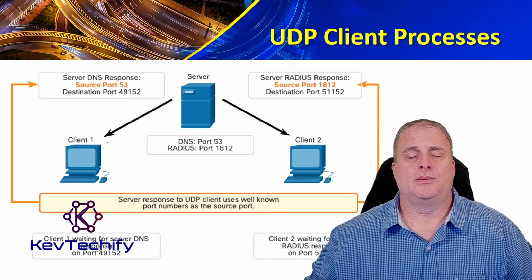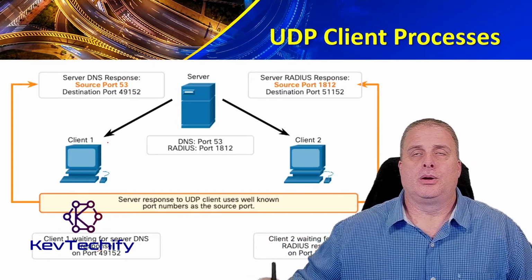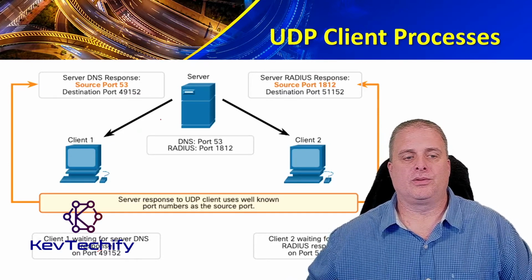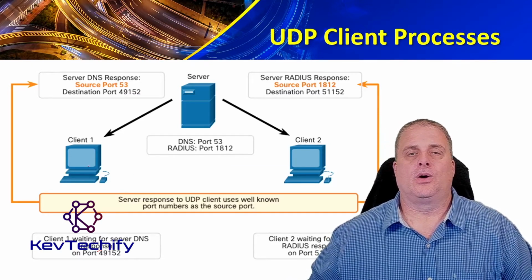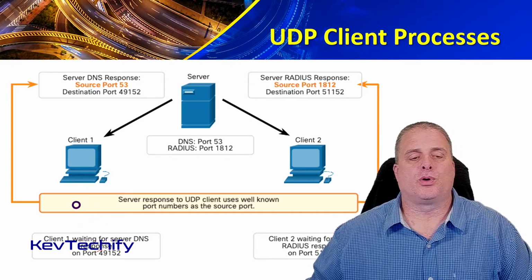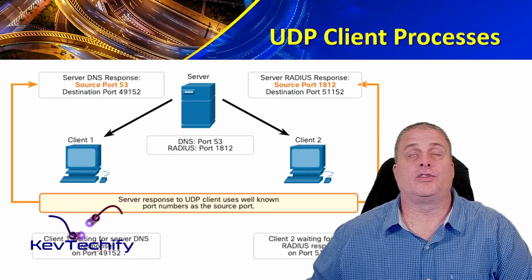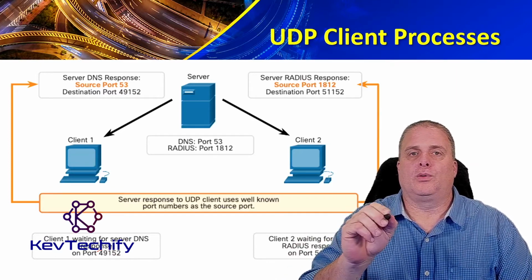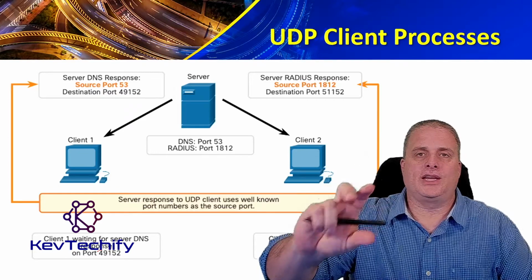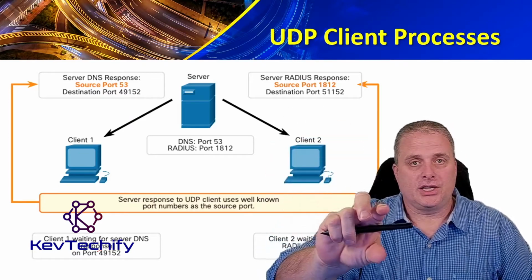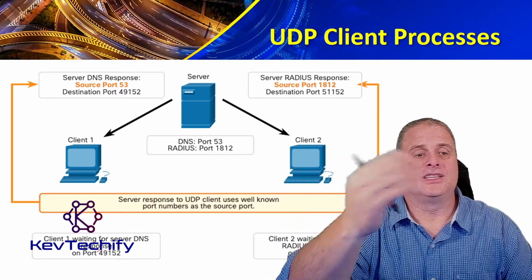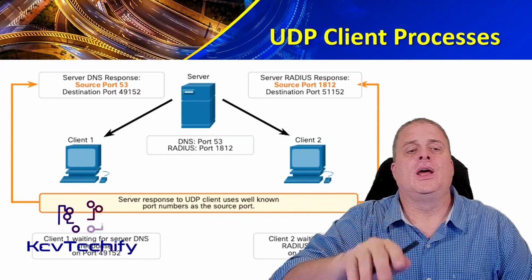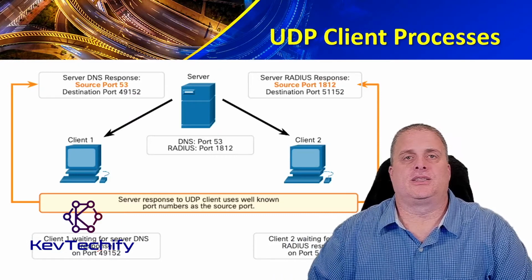What it does is it makes that request on port 53, that the server receives it on port 53, while the client said, okay, it came from our source port number 49152. Because it's waiting for that response on 49152, the server takes it, flips the source and destination ports around again, sends it back to the client. The client is waiting on 49152. It then can process that DNS information.